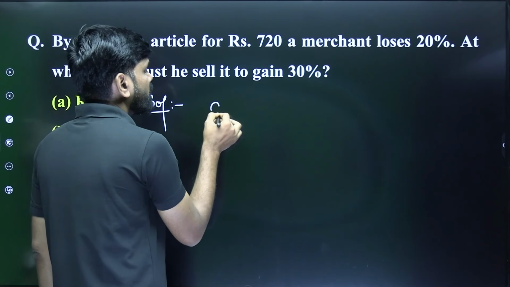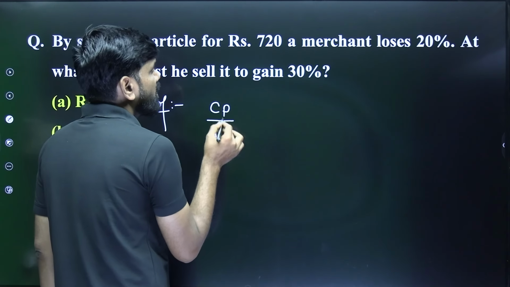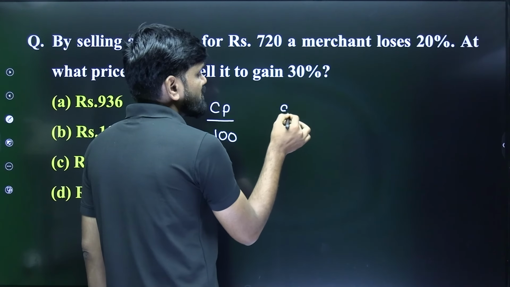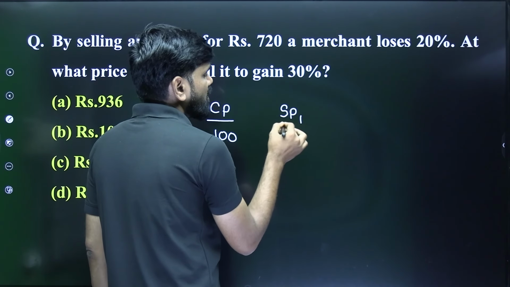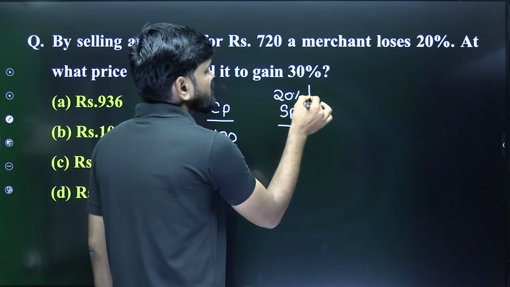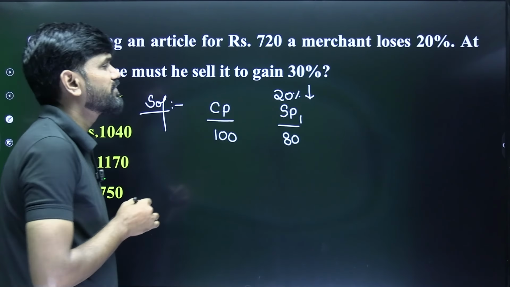If the cost price is 100 and there is a loss of 20%, the selling price in the first case corresponds to 80.